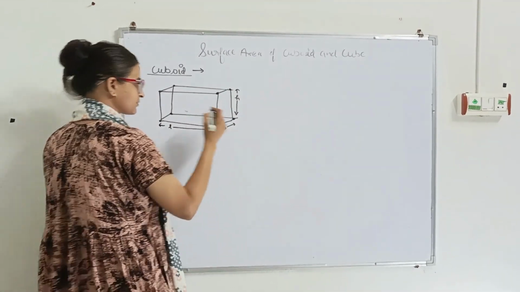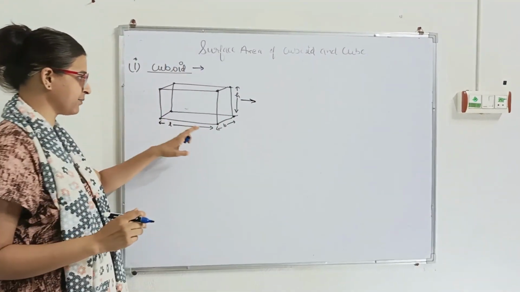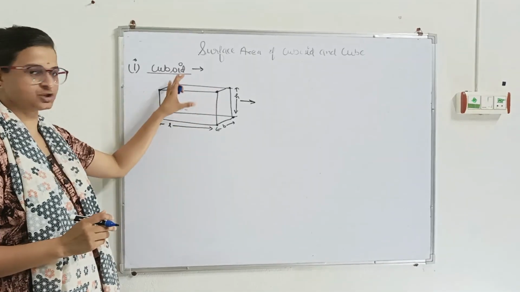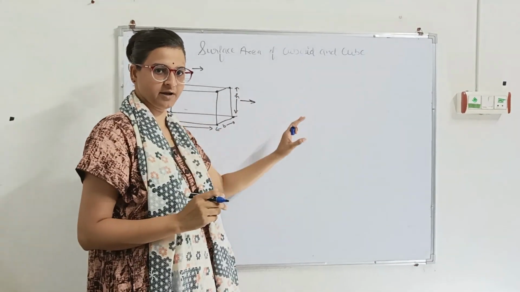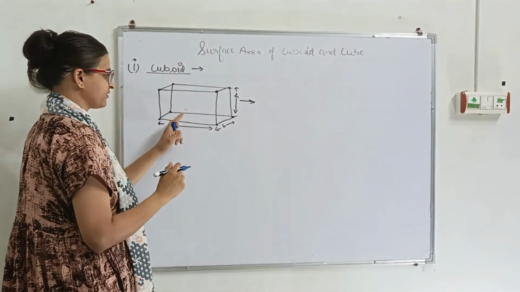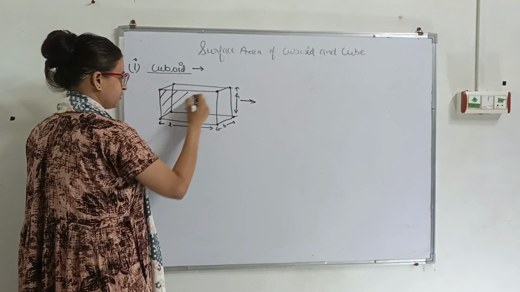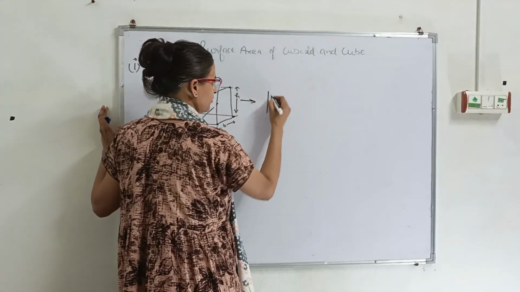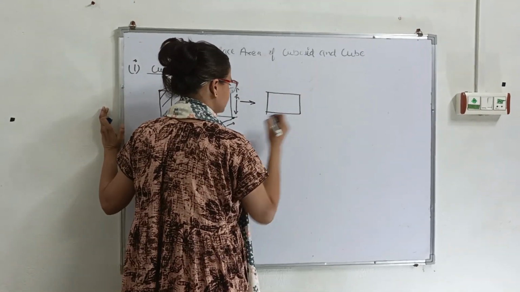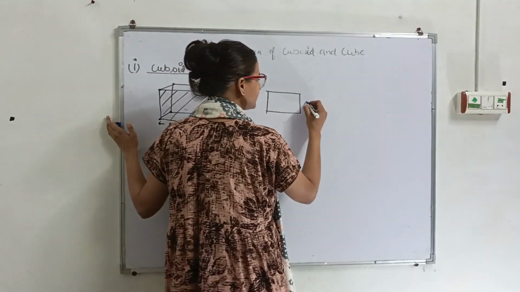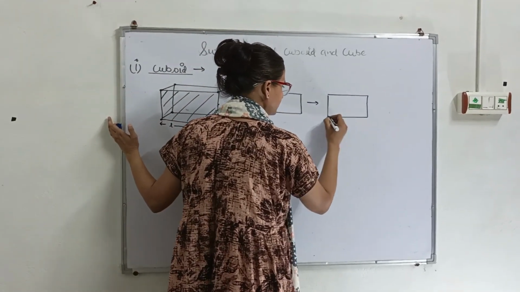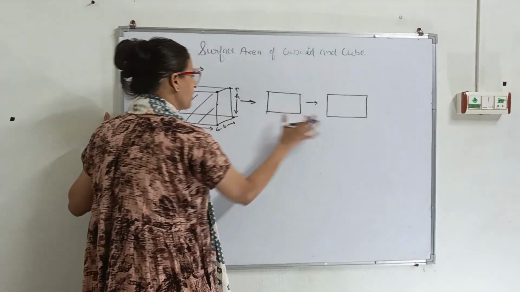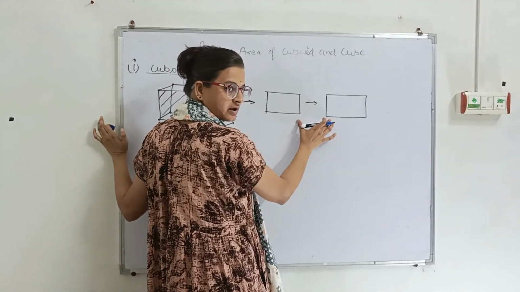So first I am describing this structure by dividing it into faces. The first face is this one, and behind this there is a similar one. So two faces of the cuboid are equal.